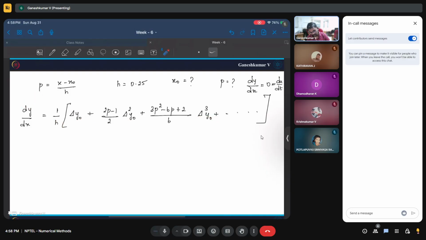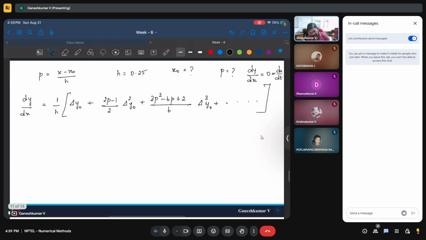Once you choose x naught, we will know these, and the only unknown will be p. Since this is an equation with one unknown, you can easily find the root of this equation to find p. And once you find p, you substitute in this relation to find x, and that x is the place where acceleration crosses from negative to positive, that is, the place where acceleration is 0. Okay, so that is the idea.